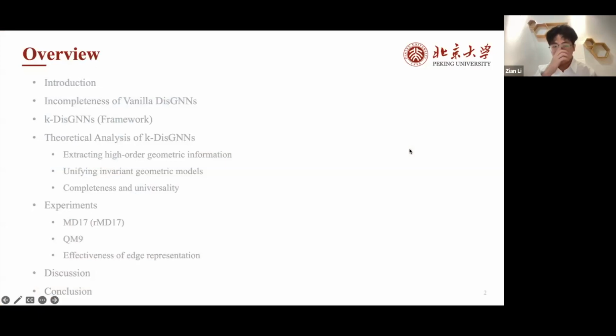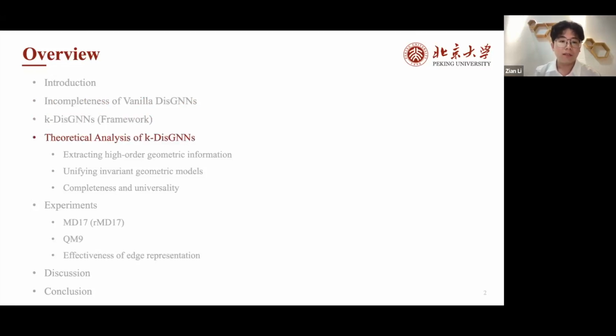First is the overview of my presentation. We will first give an introduction and our background, and then rethink the incompleteness of vanilla DisGNN, a very classical family of models which take distance as input. Then we will propose k-DisGNNs, a universal and complete framework for geometric models.